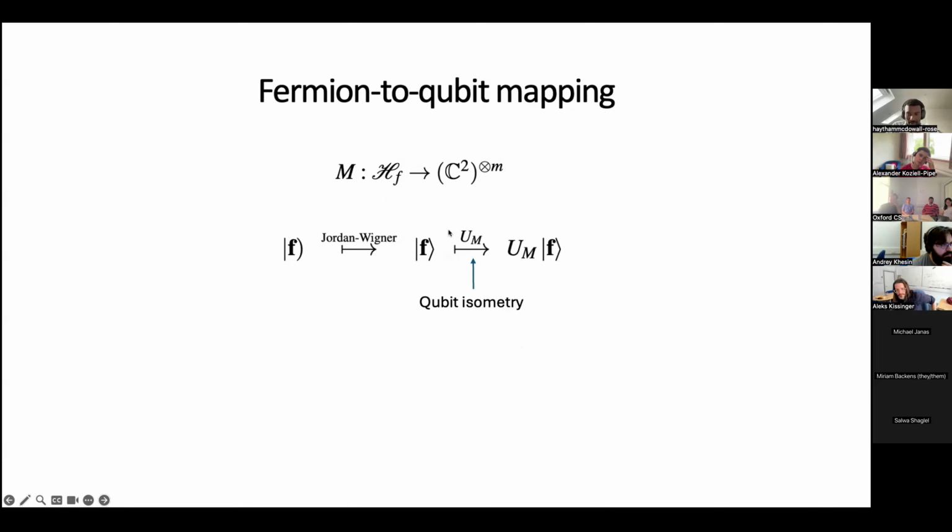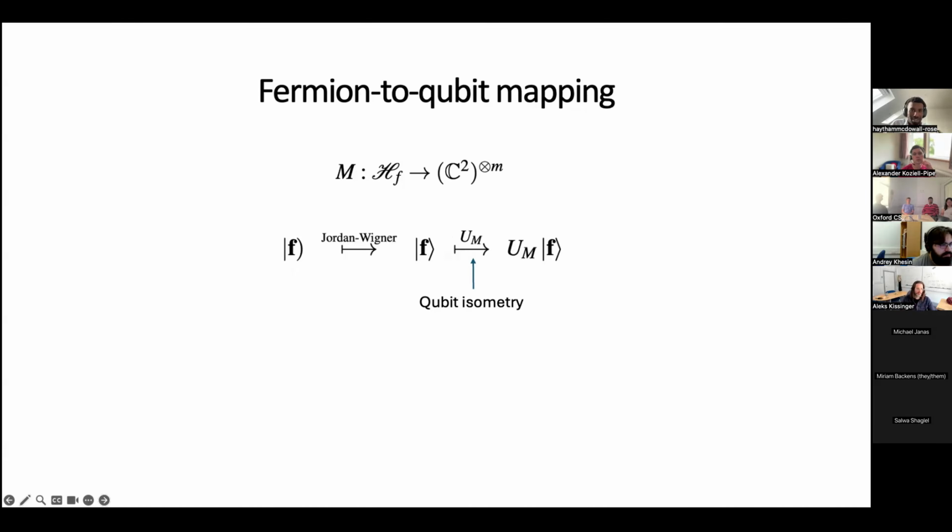It's just that the Jordan-Wigner is happening implicitly all the time. So whenever you see a ZX diagram, it will be representing a linear map from qubits to qubits, but that's because we've already done the fermion to qubit part sort of trivially. I hope that makes sense.